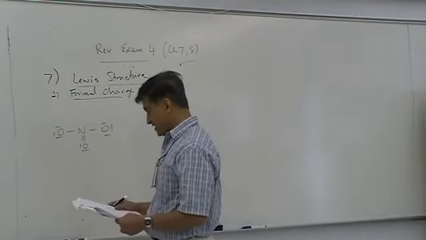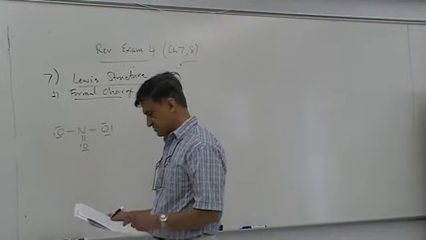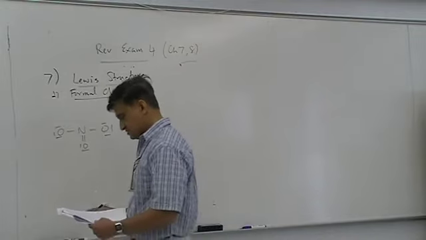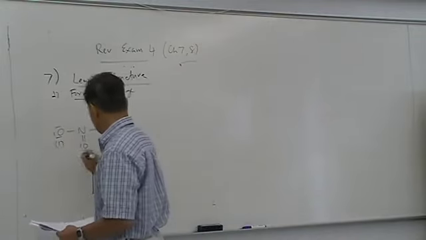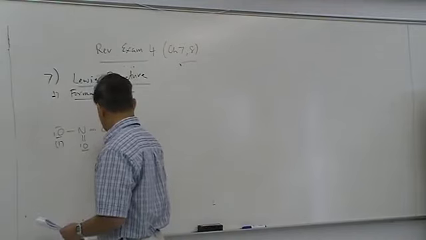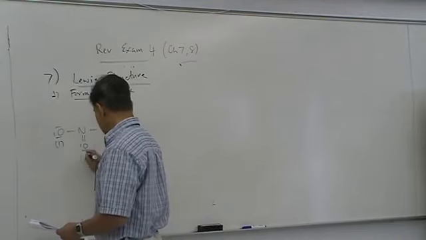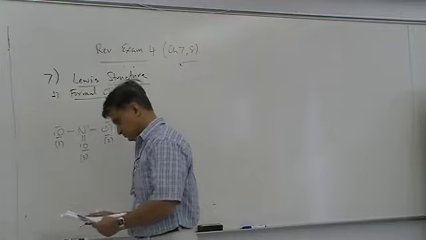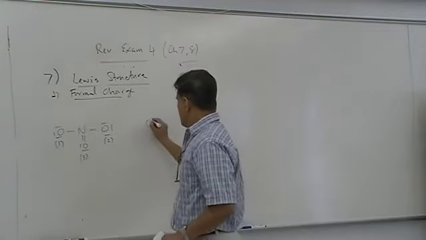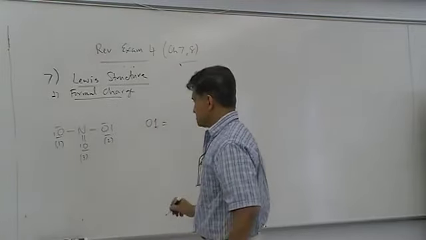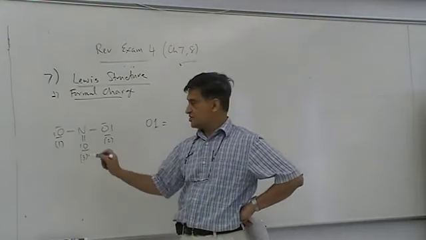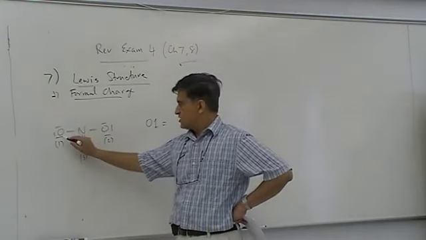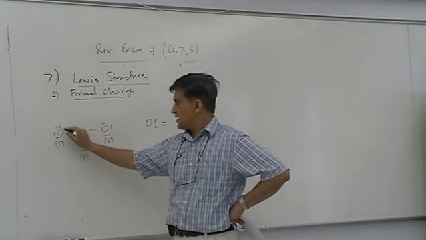Okay, let's calculate formal charge on each center. Now first, let's give numbers. This is 1. This oxygen, let's call it 2. And this oxygen, 3. Oxygen 1, how do I get formal charge? First, find out how many electrons you have on oxygen. 1, 2, 3, 4, 5, 6.